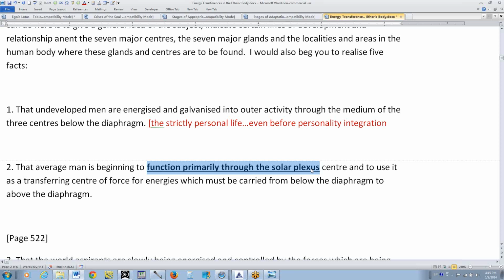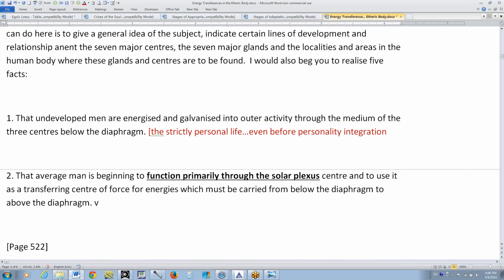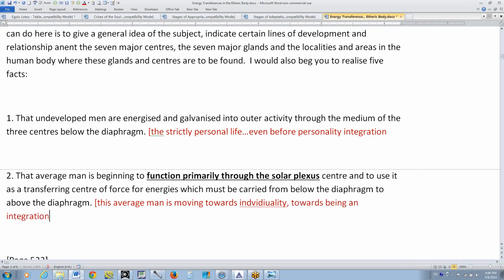So the average man is beginning to function primarily through the solar plexus center and to use it as a transferring center of force for energies which must be carried from below the diaphragm to above the diaphragm, because this average man is moving towards individuality, toward being an integrated personality.